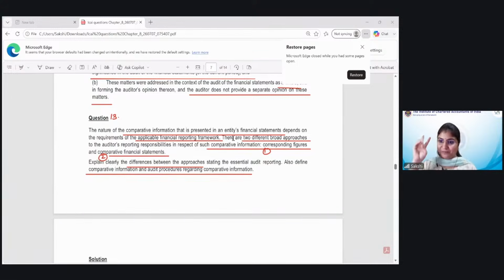Third, two procedures. First, that the comparative information agrees with the amount and disclosure of the prior period, and second, whether the accounting principle is consistent or not. If it is not, then the change is properly accounted, adequately presented and disclosed. Is the roadmap clear to all of you? Please write to me in the chat box.